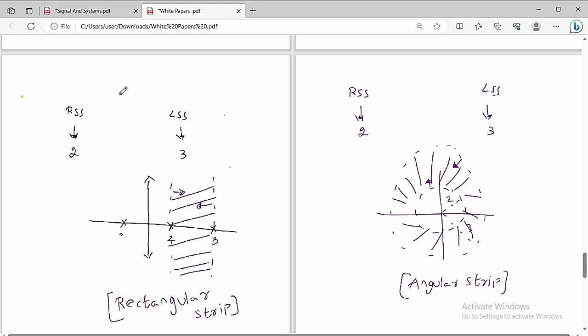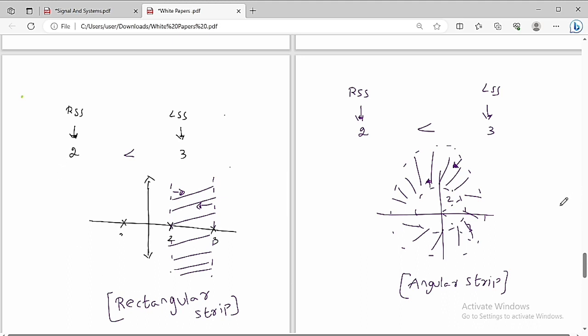So therefore we can say that, in the case of the continuous time domain, if the rightmost pole of the right-sided signal is lesser than the leftmost pole of the left-sided signal, then by default we are going to get a rectangular strip.